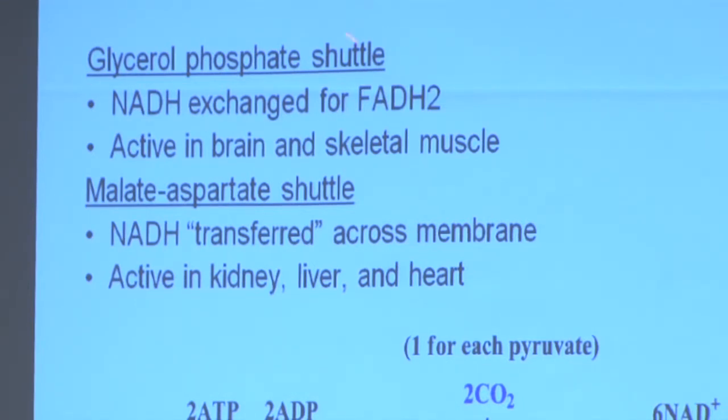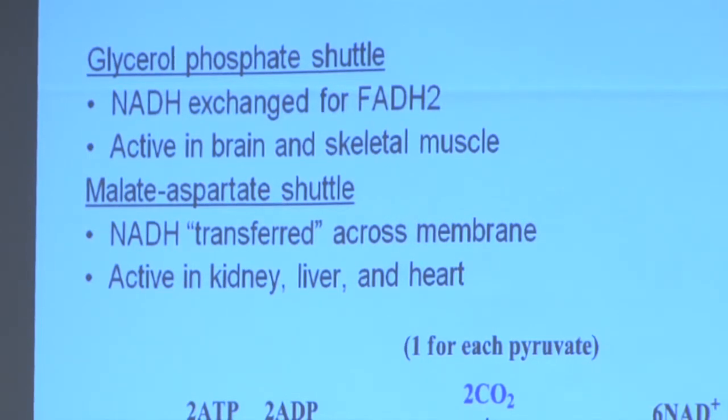In the glycerol phosphate shuttle, the NADH is actually converted into NAD+ in the cytosol. But it also makes some glycerol phosphate in the process, which can get shipped into the mitochondria. Problem is, NADH can't get shipped into the mitochondria all by itself. So I oxidize my NADH out in the cytosol, producing glycerol 3-phosphate.